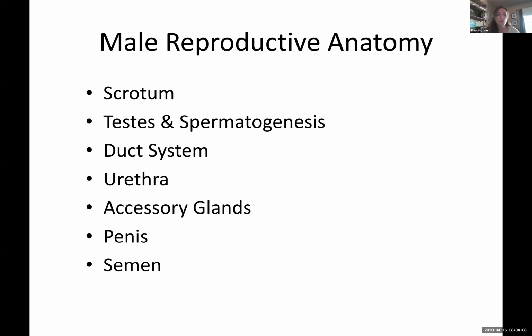So then the urethra, we're going to recap that. Obviously, that's on the exit out. We already talked about that with regards to urine. It also plays a role in the male reproductive anatomy, as well as accessory glands. These are glands that are going to actually create seminal fluid. The structure of the penis and what semen is composed of. So that's our topics for today.